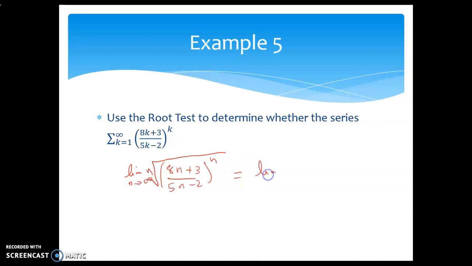So the limit as n goes to infinity of the quantity (8n plus 3) over (5n minus 2). Then we get 8 over 5, which is greater than 1. So that means this one here diverges.